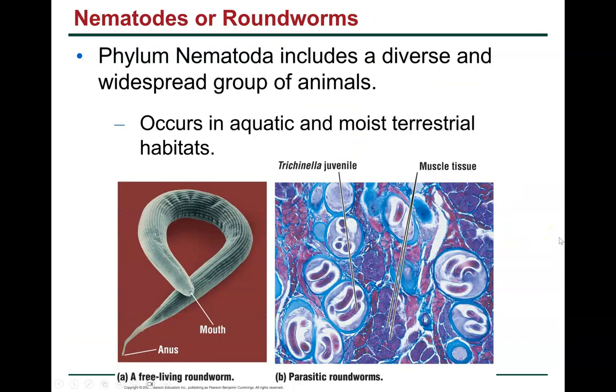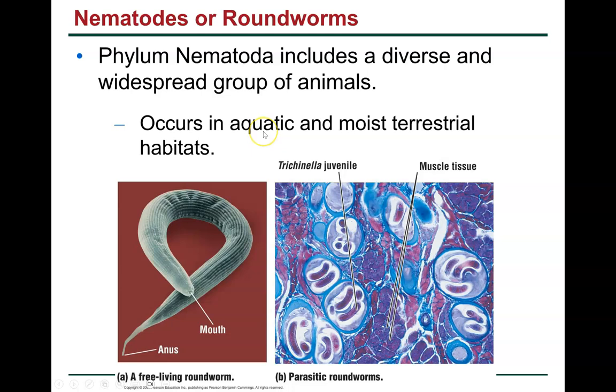So now we're going to move on to our next kind of worm, which is the roundworm. These are also called nematodes, but we're just going to call them roundworms. There are a ton of these guys. They're a very diverse, widespread group of animals.